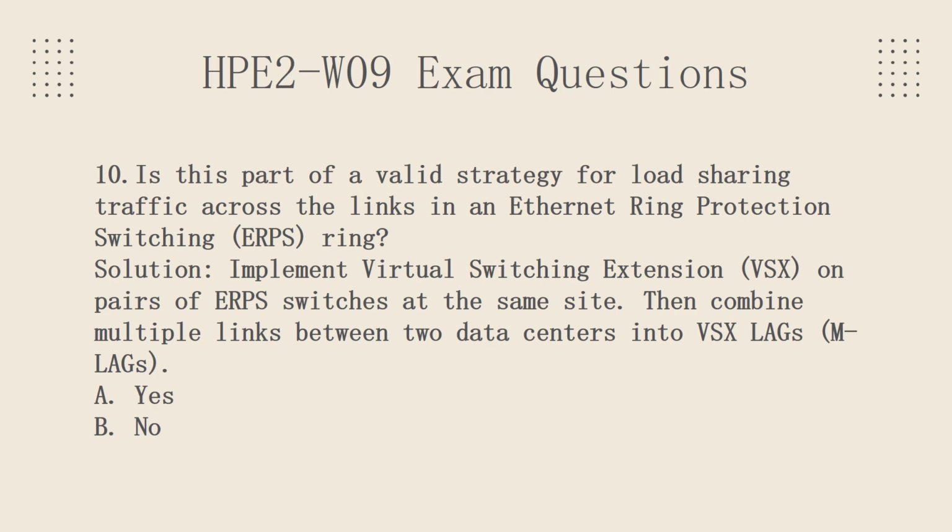Solution. Implement virtual switching extension, VSX, on pairs of ERPS switches at the same site. Then combine multiple links between two data centers into VSX LAGs, MLAGs. A. Yes. B. No.